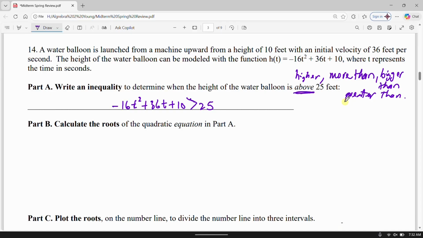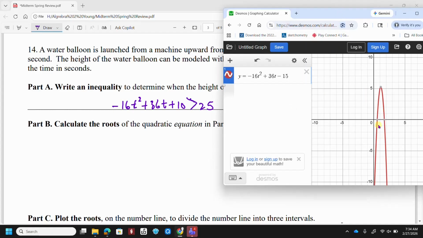Calculate the root. You can do this using the quadratic formula, but they didn't say that we have to show our work or anything, and we can use decimals. After I put this in, I'm going to find the root.